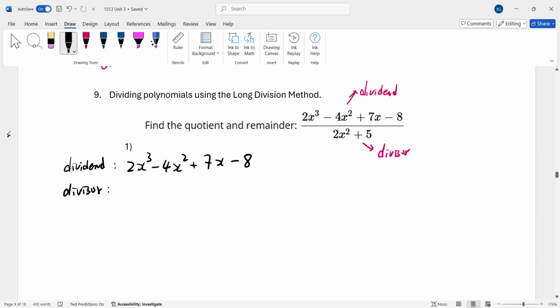What's the degree of that polynomial? It will be 2, right? Yeah. And another question, is the divisor in standard form? Is the divisor 2x squared plus 5 in the standard form? I would say no. You're right. What is missing?